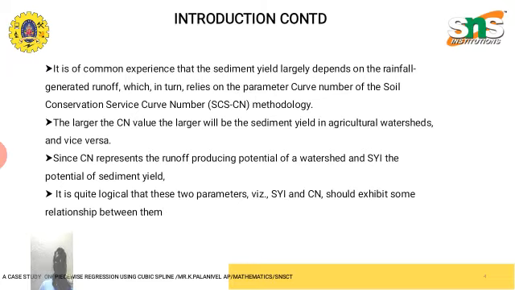The larger the CN value, the larger the sediment yield in agricultural watersheds, and vice versa. Since CN represents the runoff producing potential of a watershed and SYI the potential of sediment yield, it is quite logical that these two parameters, viz. SYI and CN, should exhibit some relationship between them.